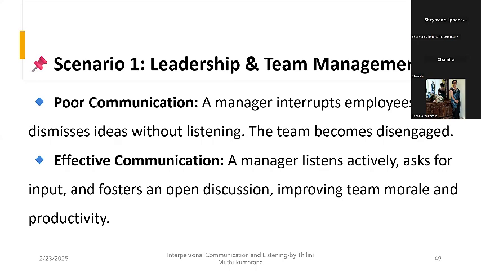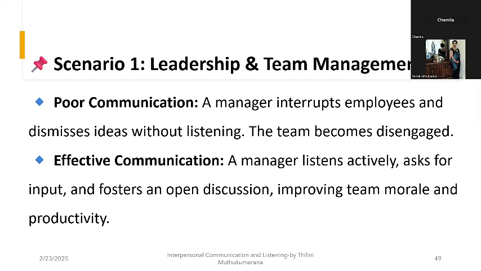So I told you the communication happens in different business organizational structures. We discussed that in the first lecture. There are different organizational structures we discussed. Under each of these, there will be a leading manager, and if you're managing a project, there are other people working under that, employees.